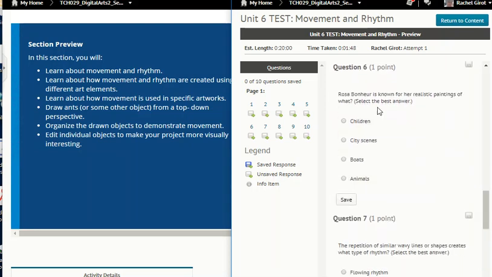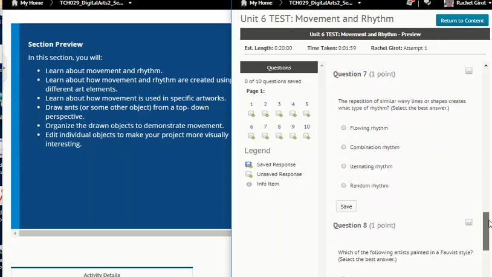Question 6. Rosa Bonheur is known for her realistic paintings of what? Children, city scenes, boats, animals. 7. The repetition of similar wavy lines or shapes creates what type of rhythm? Flowing, combination, alternating, or random.